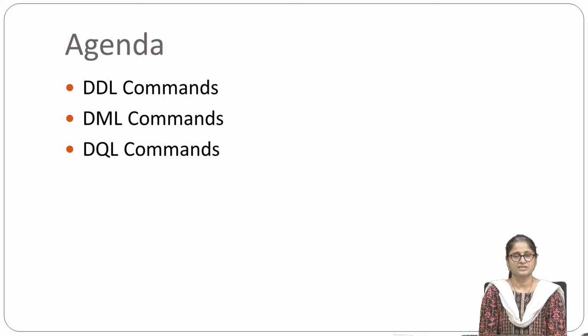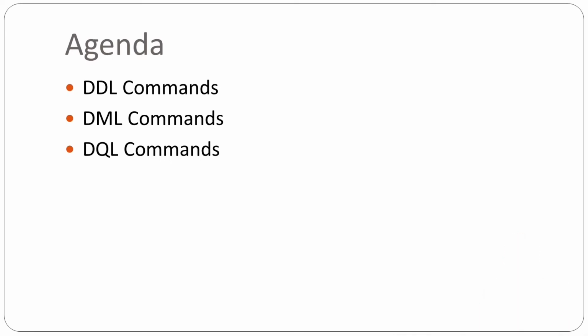In data definition language, 4 types of commands are used. Basically, they are used to create tables, alter tables, truncate tables and drop tables. Initially, how to create tables in the database will be discussed in DDL commands.